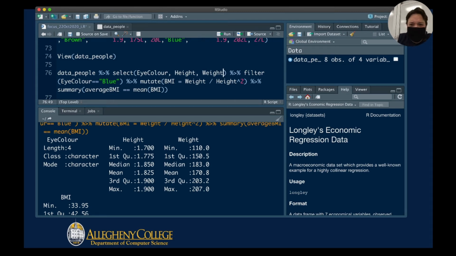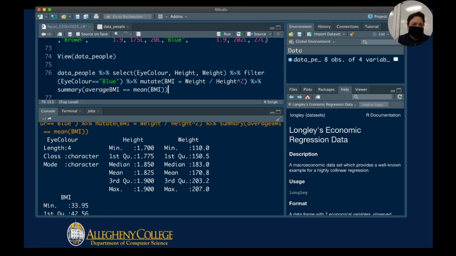And then filter for the eye color which is blue, and then mutate, which makes another column. So create a column called BMI, which is equal to the weight over the height squared. And then compute for me the summary of that.